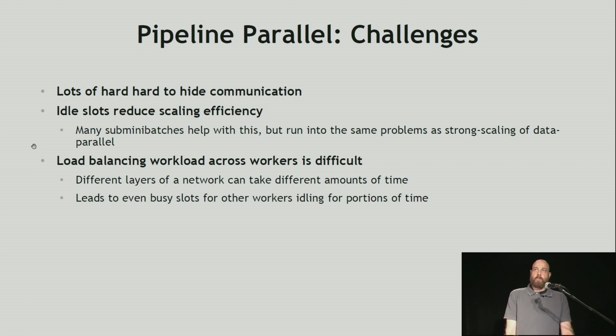A third challenge of pipeline parallel is load balancing. We looked at networks where each layer was doing the same amount of work, but many modern networks, especially in the image domain, have a sequence of layers that are very different in their nature, and they do different amounts of computation. So at that point, it's really hard to ensure that each worker's time slot is of equal length.